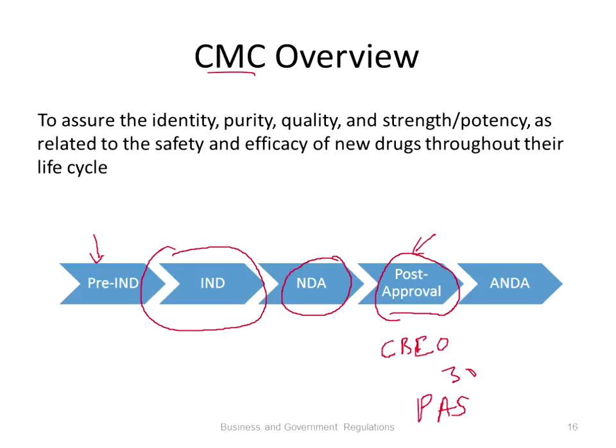And then I don't know if we discussed ANDA. ANDA is abbreviated new drug application. This is applicable mostly to generics. So when a company is bringing a generic product online, they can submit an ANDA, and there again, CMC is required.